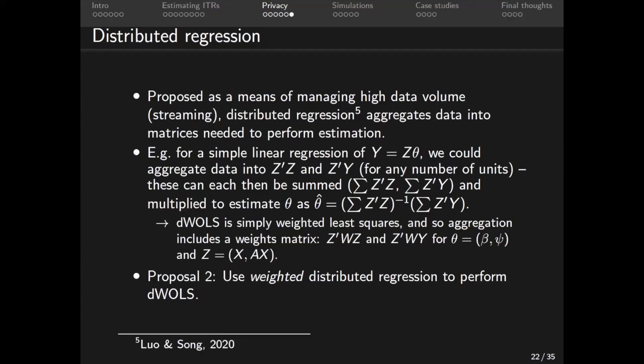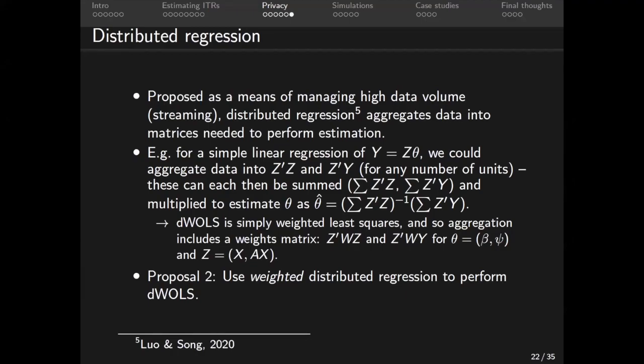Okay, mathematically, they're identical. So if I just wanted to do regression, this distributed regression across centers with no weighting, you actually get mathematically equivalent statements or estimators based on summing these two matrices across centers.